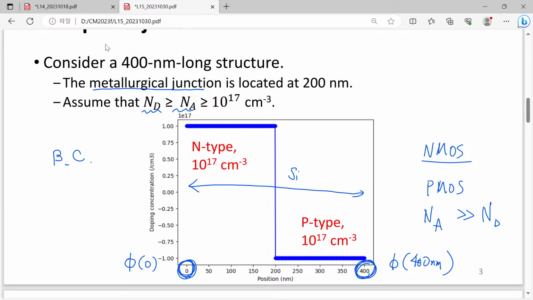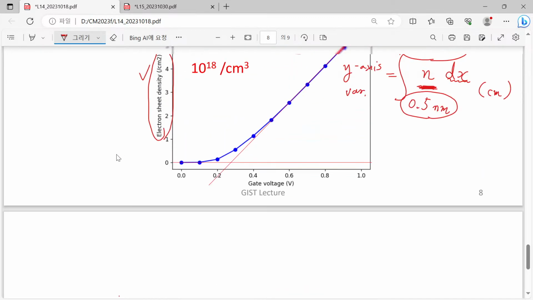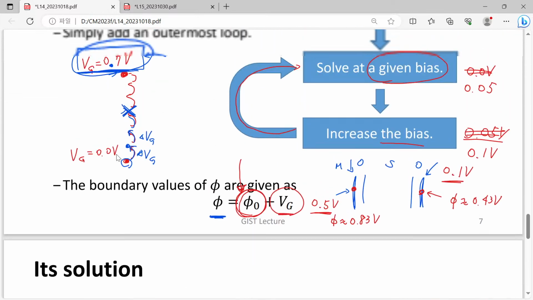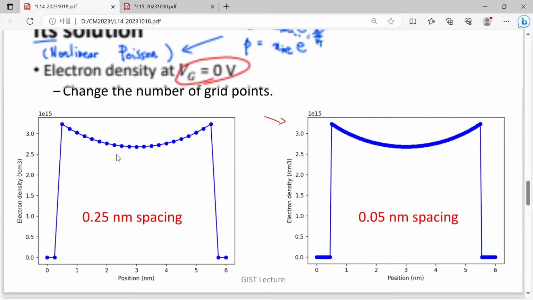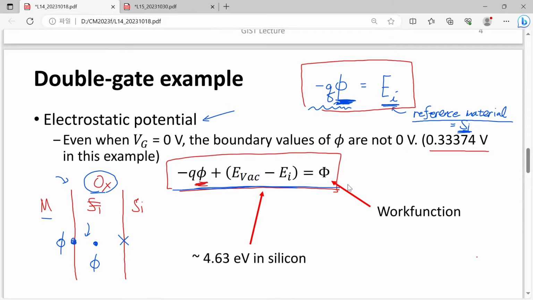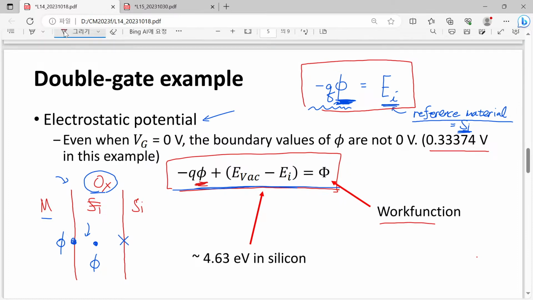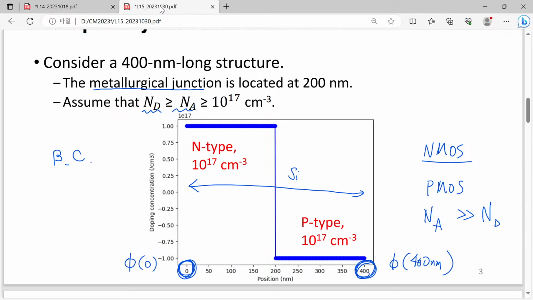If you remember our previous discussion, in order to calculate this value, previously we had to consider this kind of description, the work function of something, our metal. However, in this case, this is not available.